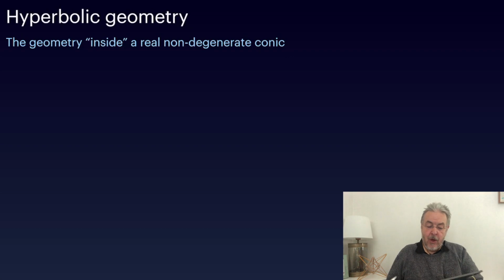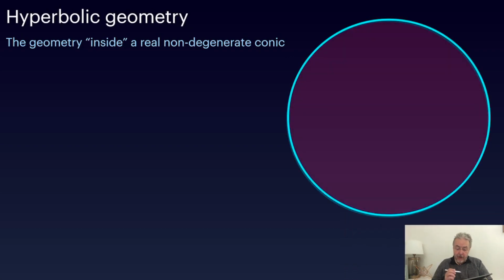So let me first collect what we know so far and specify what we are talking about. What we want to talk about is a Cayley Klein geometry, which is defined by a fundamental conic that in that case is real and non-degenerate.